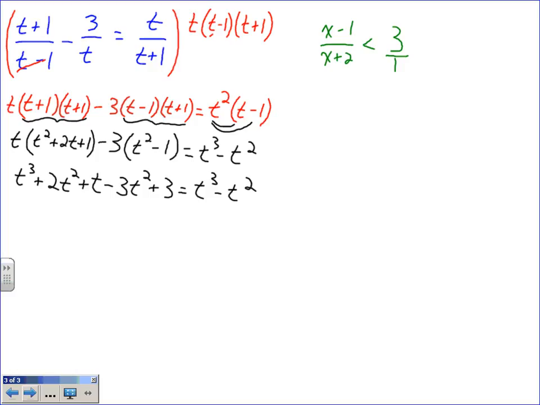If I subtract t cubed from each side, t cubes will go, so we don't even have to worry about that. And I have t squared minus t squared is negative 1t squared plus t plus 3 equals negative t squared. And if I add t squared to both sides, they cancel.